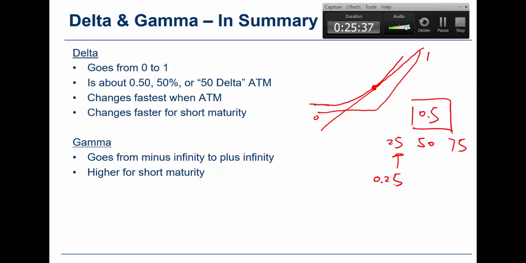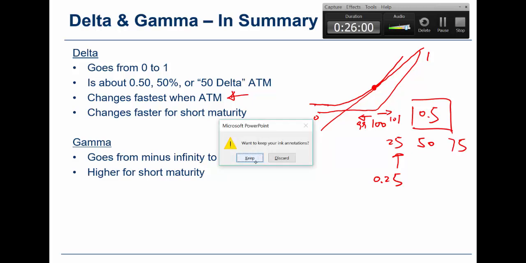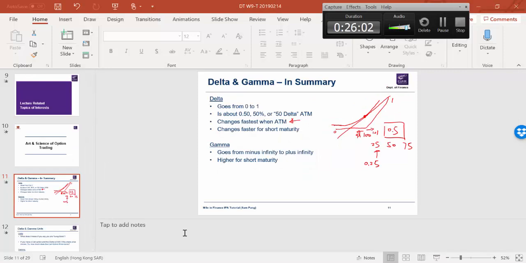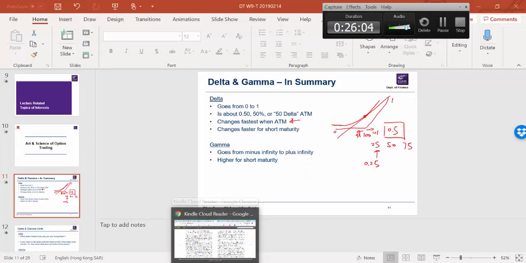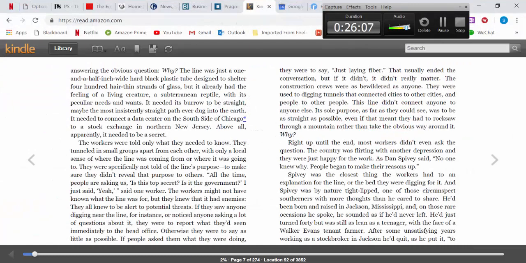Delta changes very, very fast when it's at the money. And I demonstrated to you last time. If you think about it, if you have a strike of 100 and then your spot price moves to 99 or 101, you will get a very noticeable change in your delta, and I can demonstrate that to you very quickly.